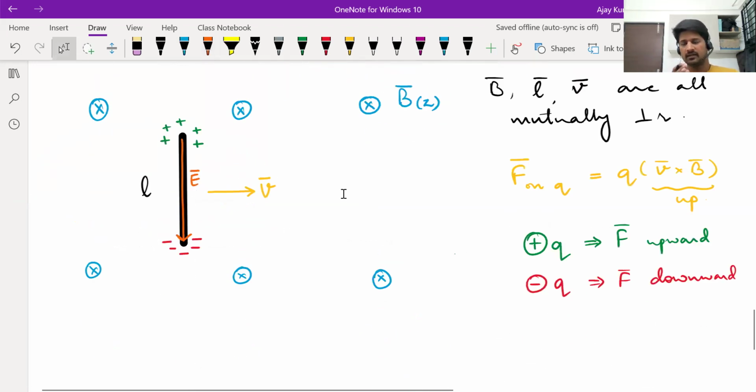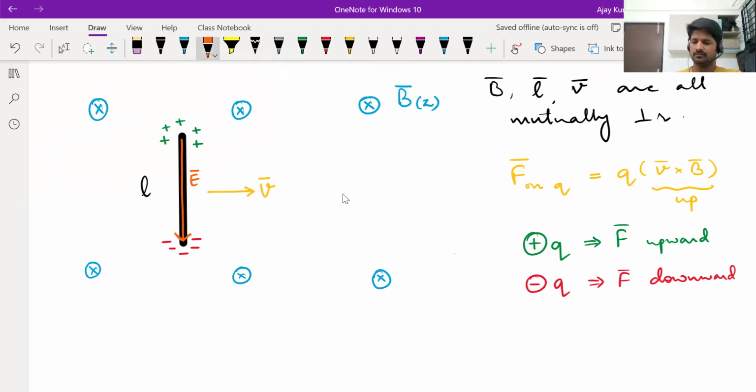When a conductor moves inside a magnetic field, the magnetic field forces a charge separation inside the conductor, and that creates an electric field, or a potential difference. That potential difference is what we call motional EMF. Let's say the positive charge accumulated here is plus Q and the negative charge accumulated here is minus Q.